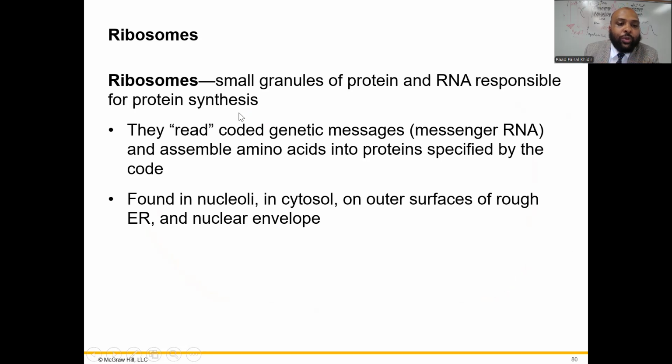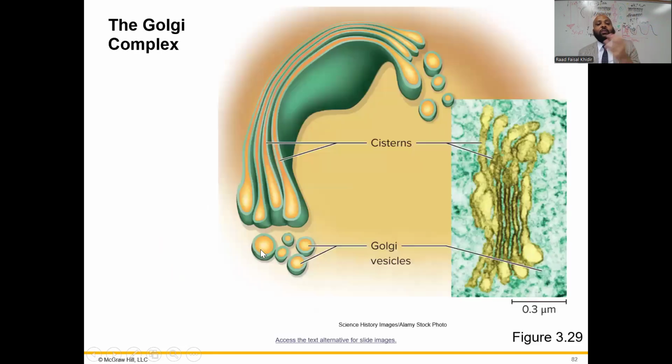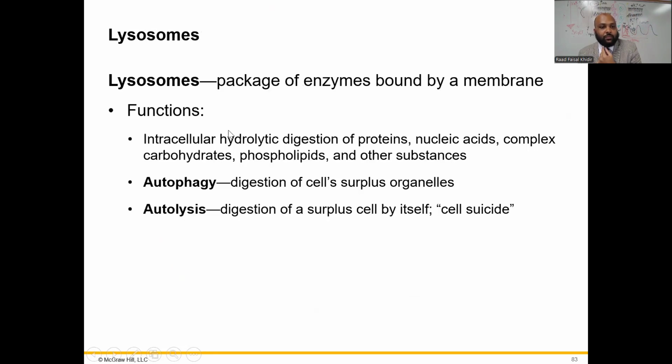Ribosomes, we know those, they are translating proteins. These Golgi bodies are a system of membranous cisterns that synthesize carbohydrates and modify newly synthesized proteins. You see the cisterns, and they make these balloons, these secretory vesicles, for packaging.